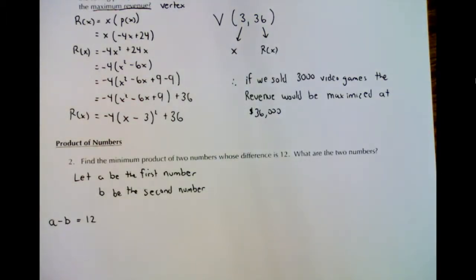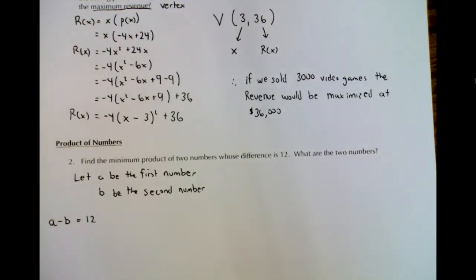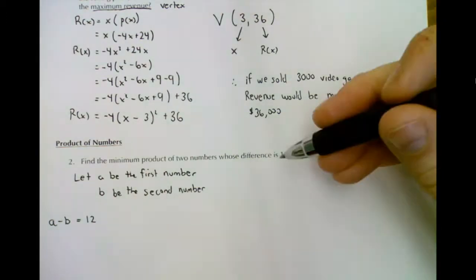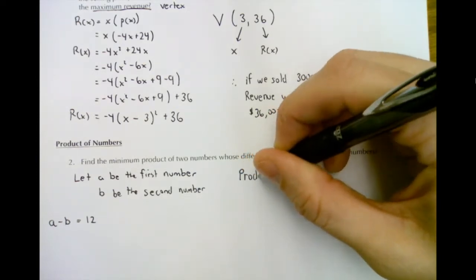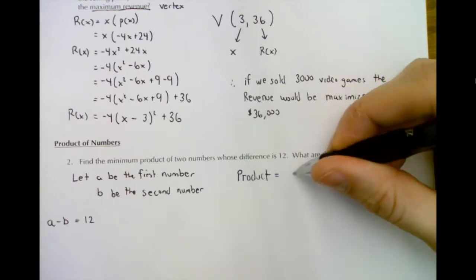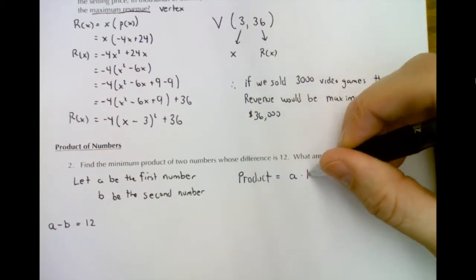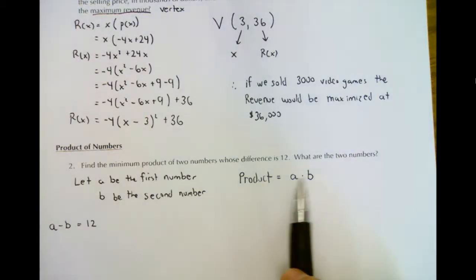We want to find the minimum product. So we have to write a product equation. I'm going to work over here to write my product equation. What does product mean? Well, product means multiply. So we want to multiply A and B. But we can only work with one variable. Since we've got A and B, that's two variables.